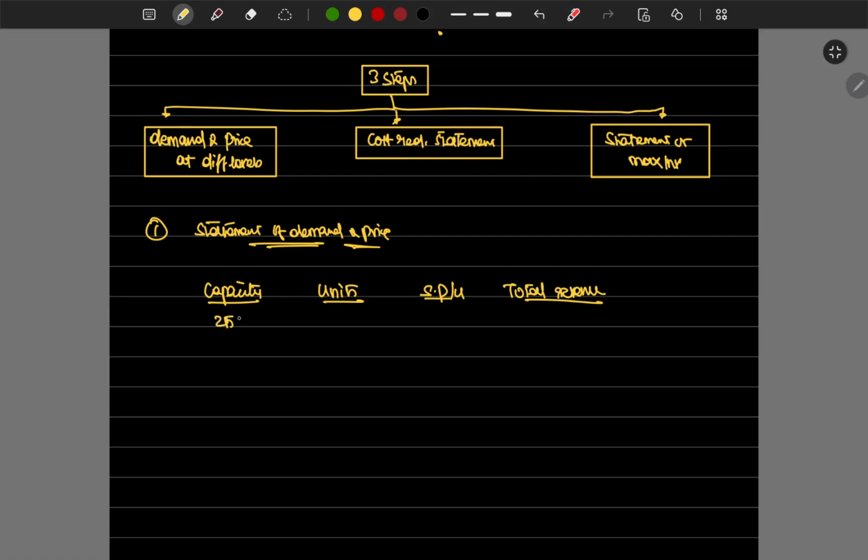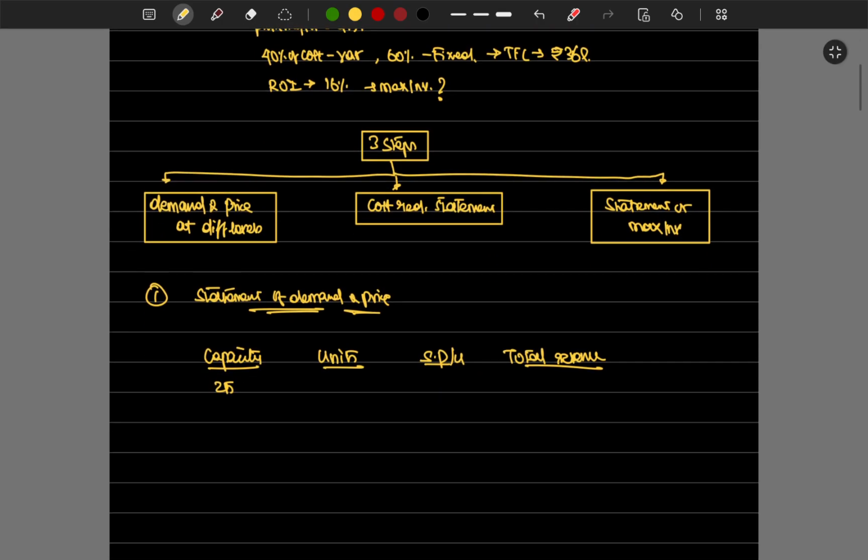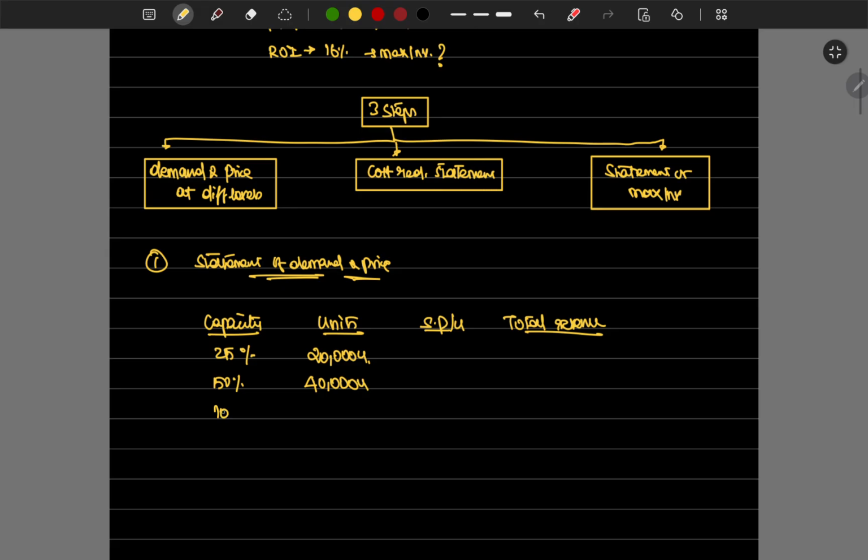How much capacity is first utilized? 25 percent capacity, at 20,000 units. 50 percent capacity, doubled, 40,000 units. 100 percent capacity, doubled, 80,000 units.